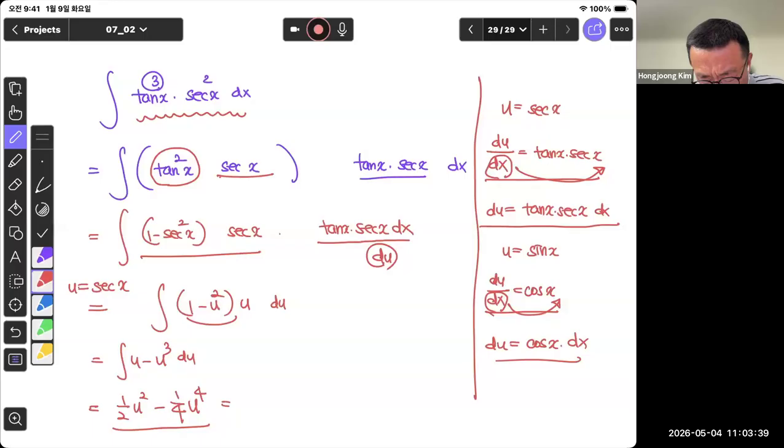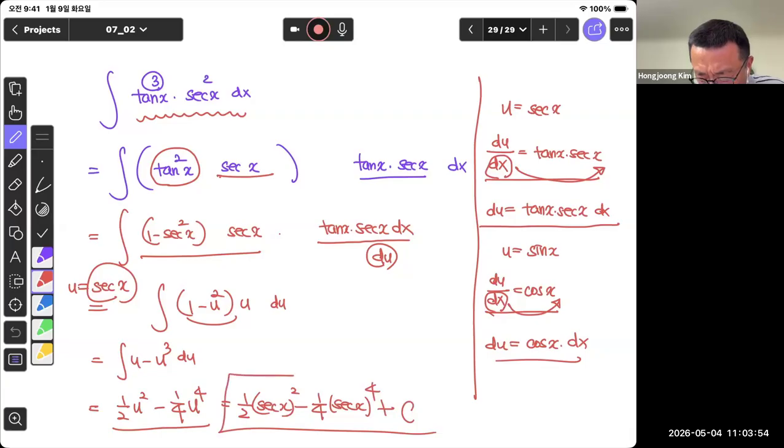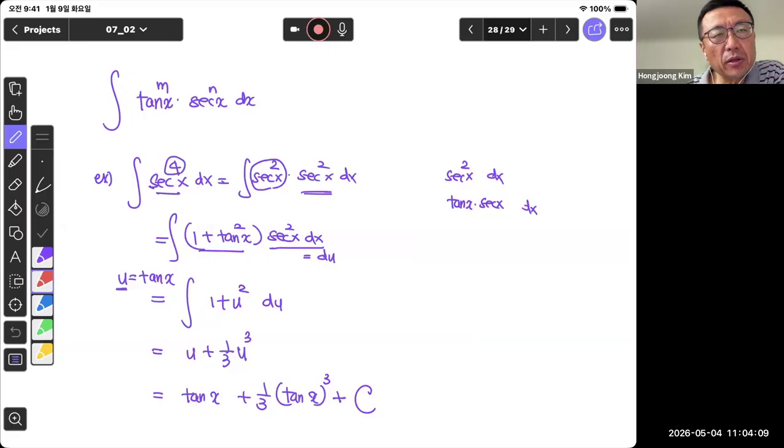So if I replace this u with secant x, then that will be the correct antiderivative of the current tangent x cubed and secant x squared. Okay, so in this way, if you have a product of tangent and secant, we cannot handle every situation.